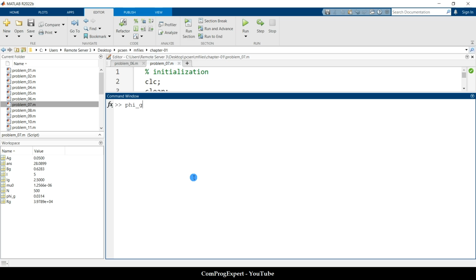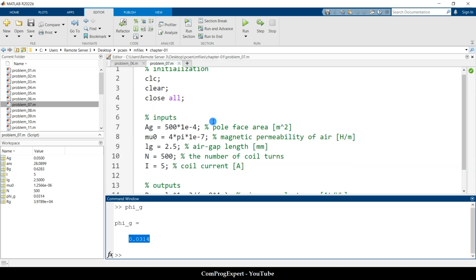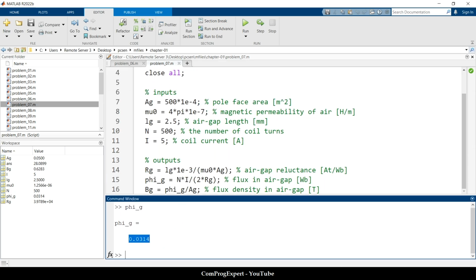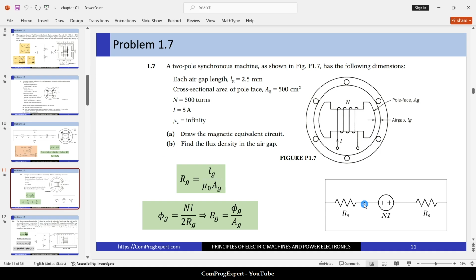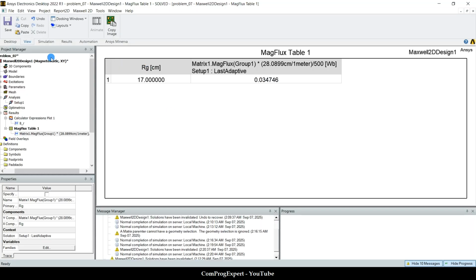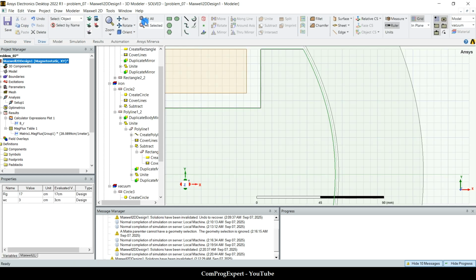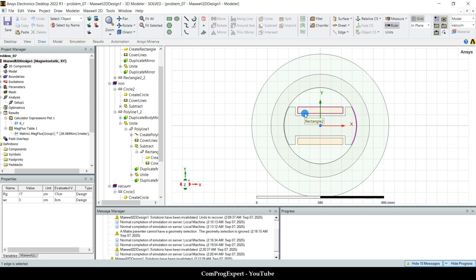Phi gap is 0.314. The numbers that we calculated using this ideal case, ideal magnetic equivalent circuit considering infinite permeability for the iron. Anyway, so you can repeat this great example in ANSYS Maxwell, change dimensions and compare results.